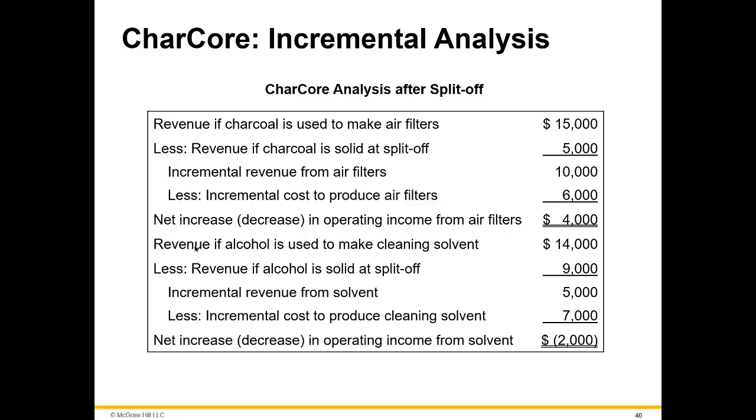The amount of revenue if alcohol is used to make cleaning solvent would be $14,000, but at the split-off point, it's worth $9,000. So the incremental revenue is $5,000, but the incremental cost is $7,000, and so we would actually lose $2,000. So you can see the different decisions that we make. It looks like we would process further the charcoal, but not process further the alcohol.